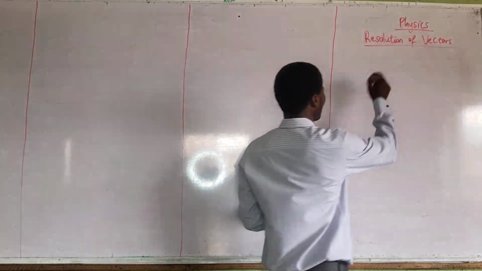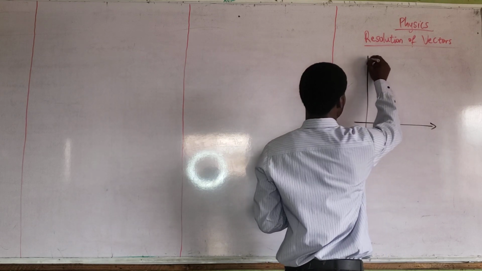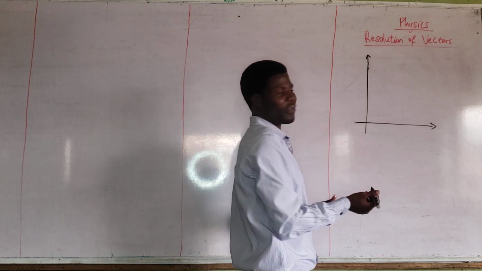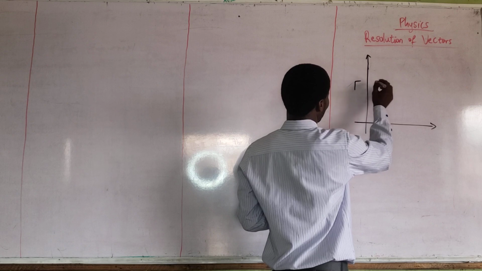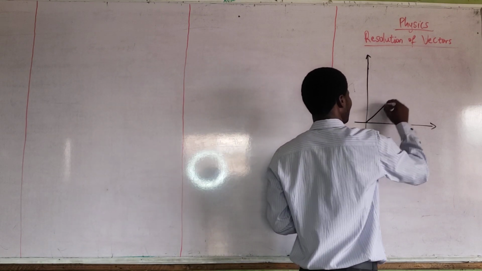For instance, let's consider this diagram. Let's say we have two vectors. In this case, let me use the resultant first.